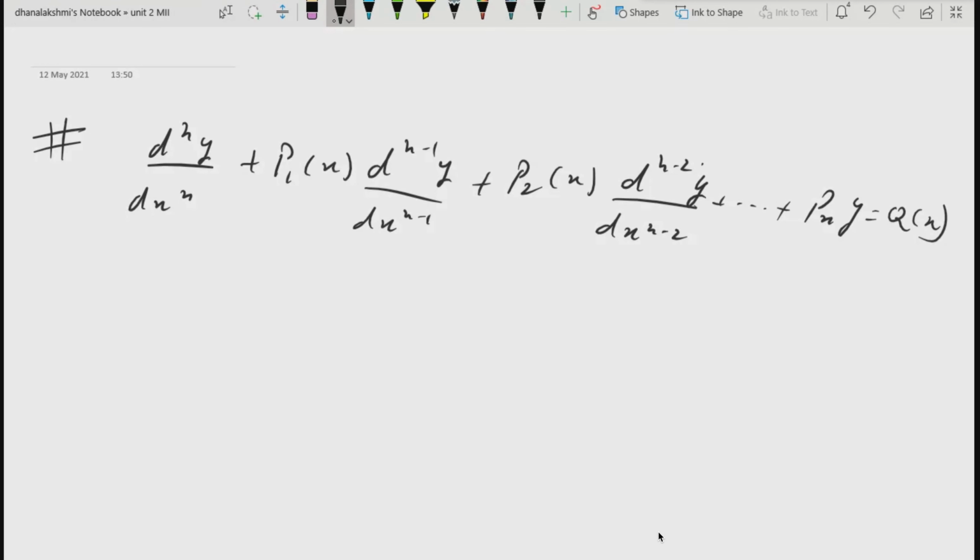So as you can see, this is a linear differential equation of which order? Of order n.